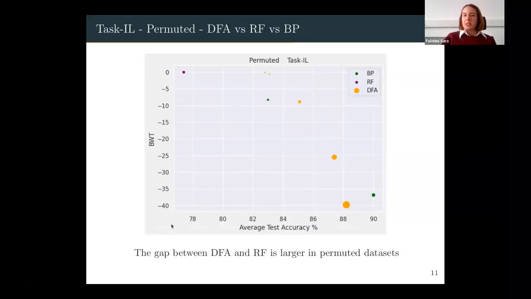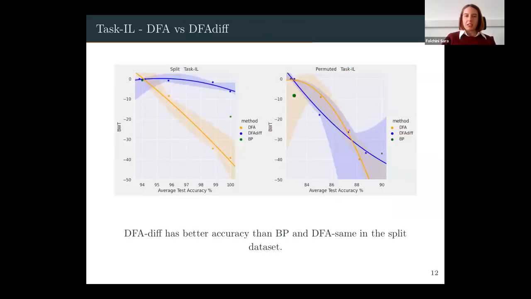That said, what happens if we change the feedback matrices along the different datasets? The blue line is the case where the feedback matrix is reinitialized at the beginning of new tasks, so the weights are pulled in different directions. And as I mentioned before, there is only a loss of 5% accuracy and it is still able to reach 100% accuracy for DFA with different feedback matrices.